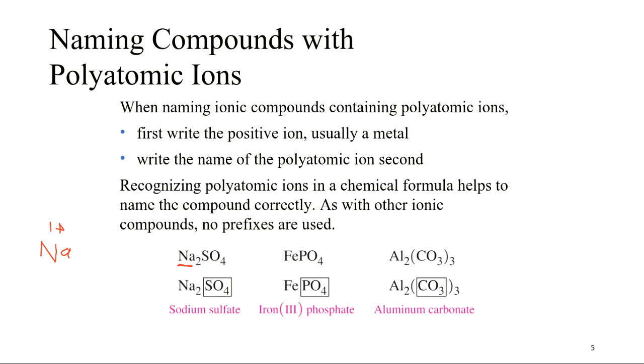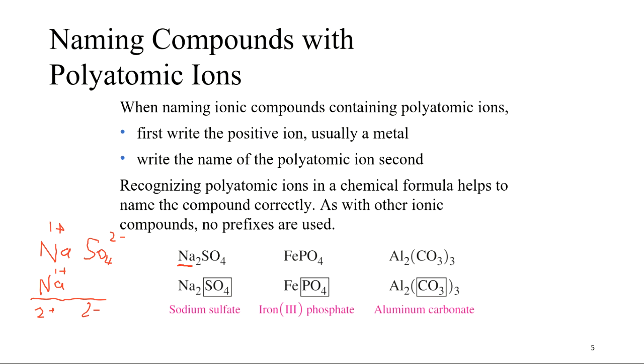The sulfate as a polyatomic ion has an overall charge of 2 negative. That means that to balance the charges, we want 2 atoms of sodium. So here the whole total charge will be 2 plus, and the sulfate will be 2 minus. So we balance the charge in the compound.